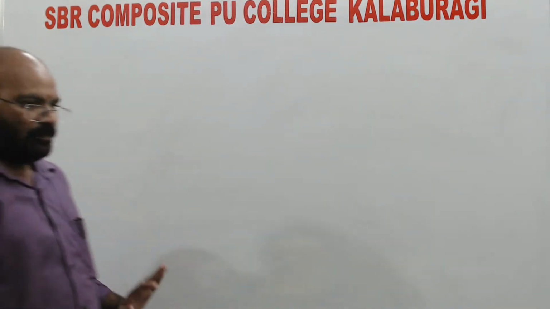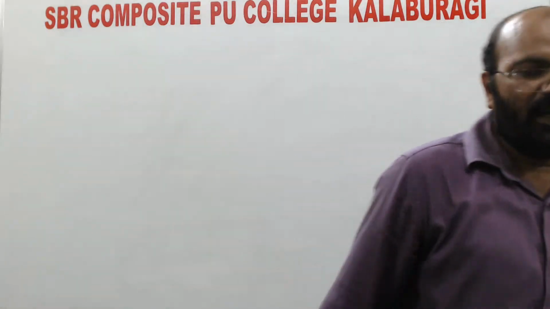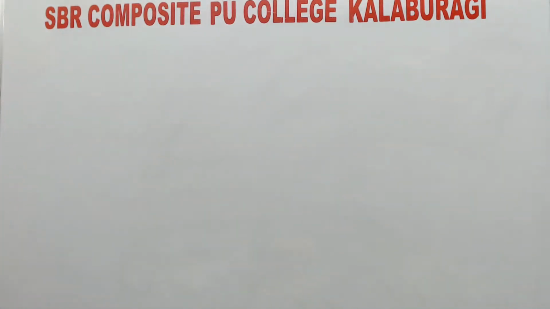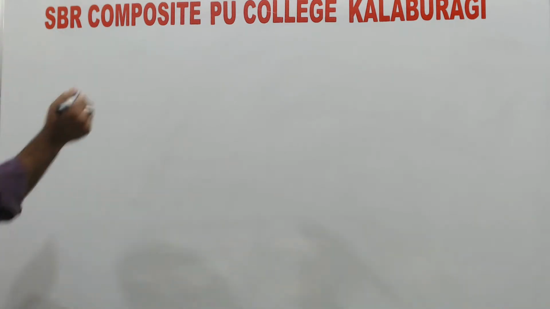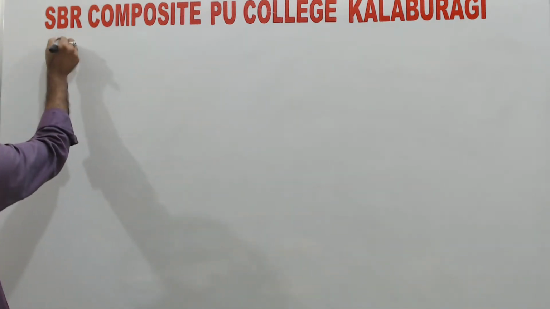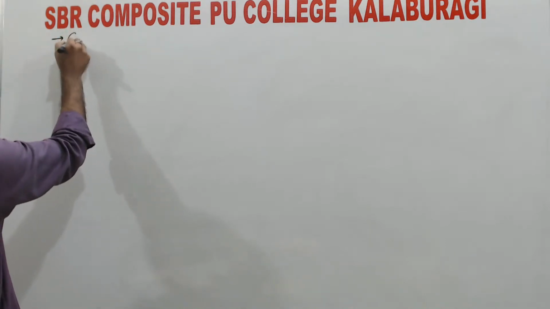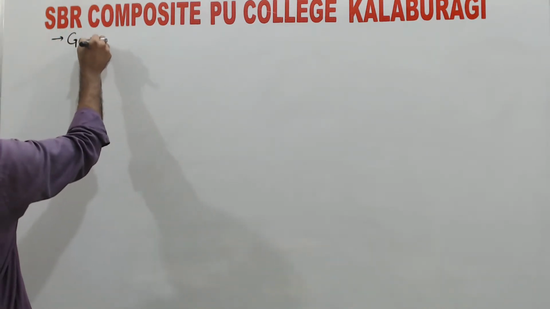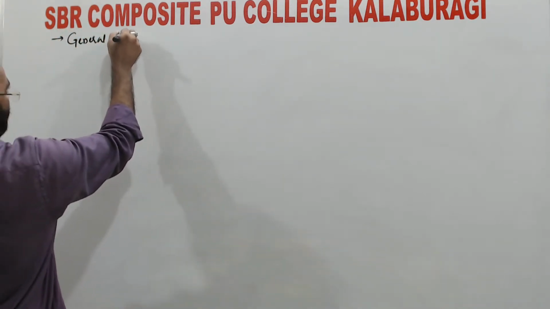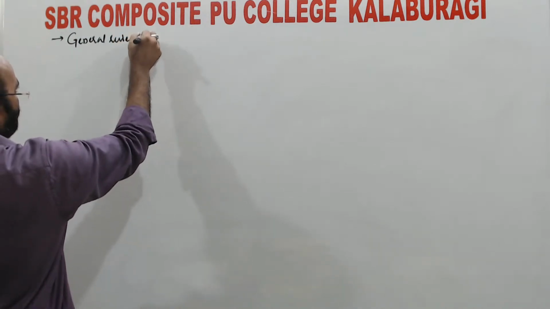So guys, this is the complete information related to errors, and the chapter is going to be completed. For the last one, we can write the general rule for the maximum fractional errors for the Z value. Remember, this is for solving numericals.